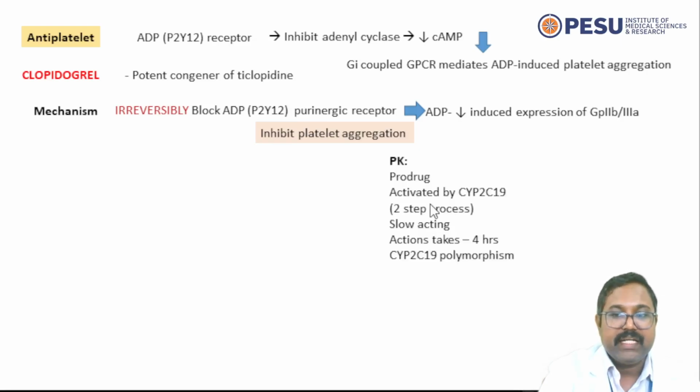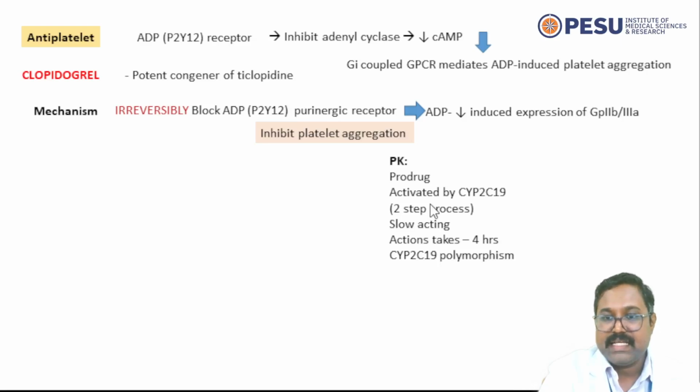Pharmacokinetically, this is a prodrug. Clopidogrel, before getting activated, is an inactive drug. Clopidogrel requires the CYP2C19 microsomal enzyme to get converted into the active form, and it is also slow acting; the action takes place around 4 hours.